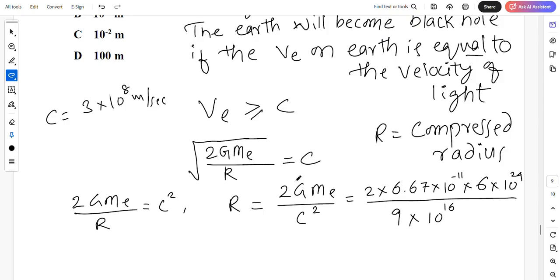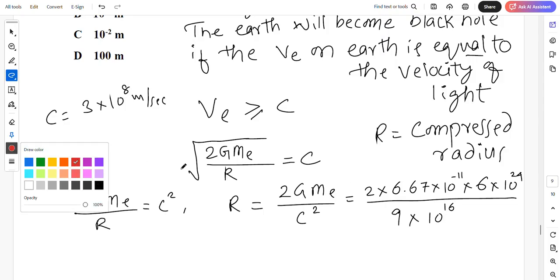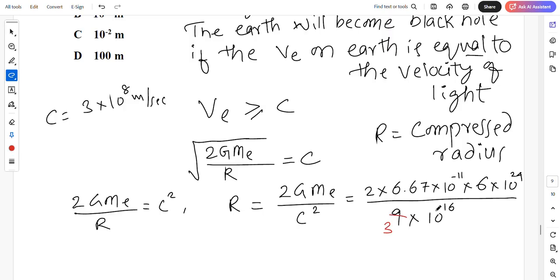Now let us simplify this one. 3 3s are 9, 2 3s are 6.